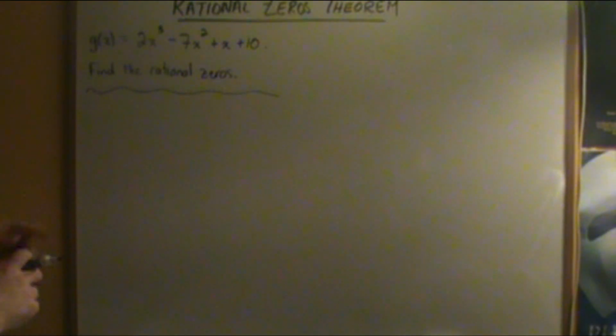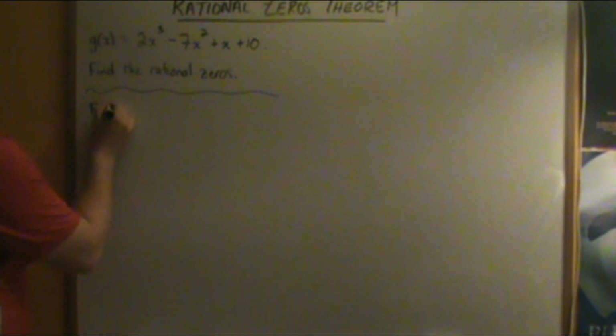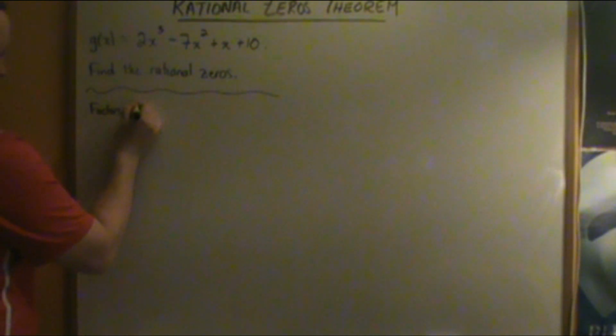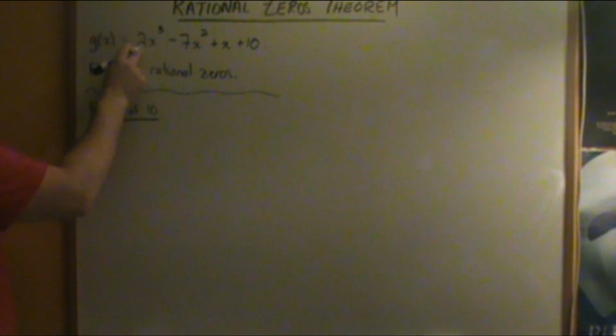Second example here, we have the function g of x equals 2x cubed minus 7x squared plus x plus 10. Let's find the rational zeros here. First thing we do, look at our factors of positive 10. Alright, and then we divide it by the factor of our leading coefficient.